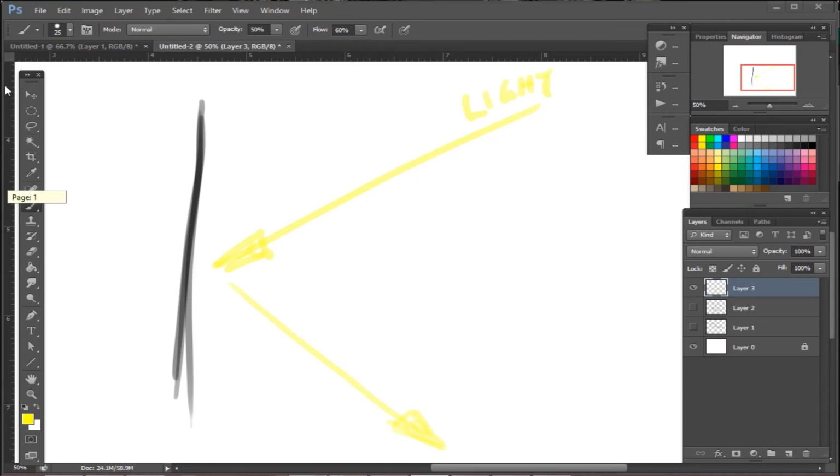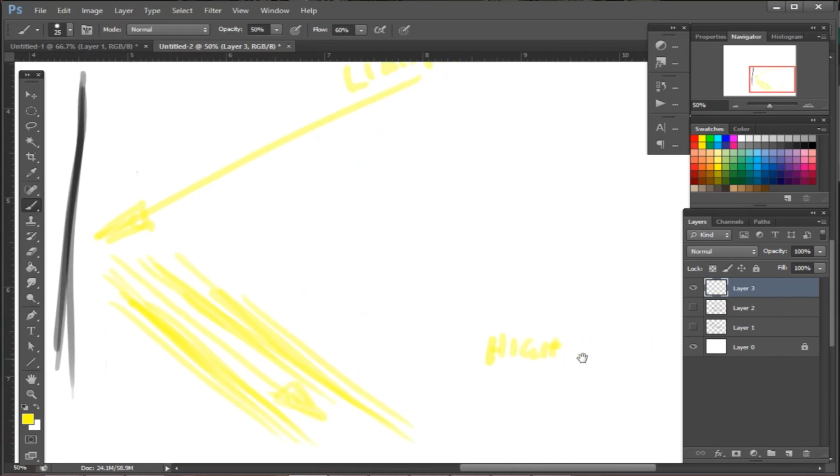And when the specularity is high, there's more light beams bouncing off the surface. High spec, more light.